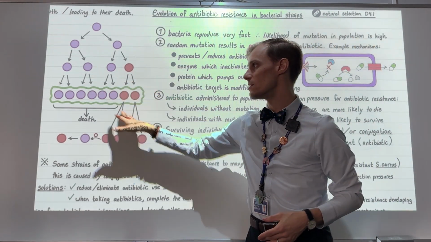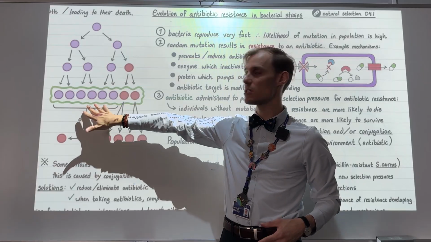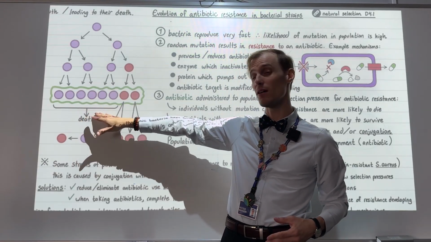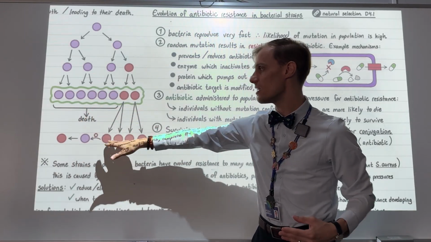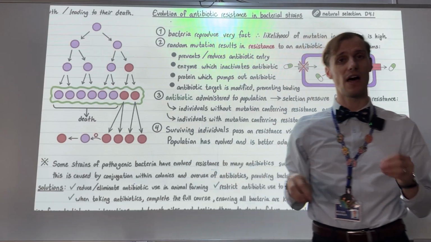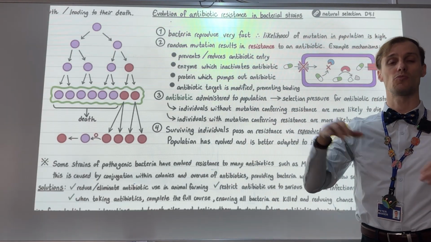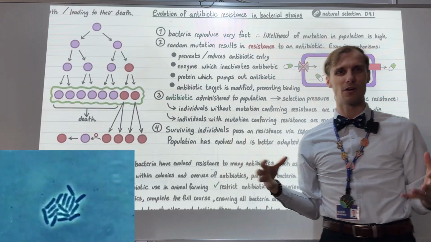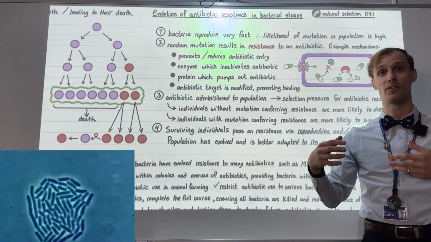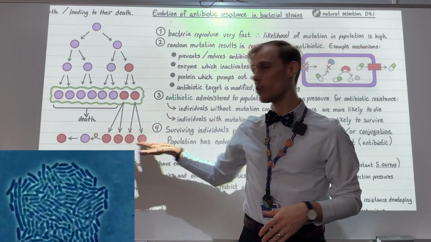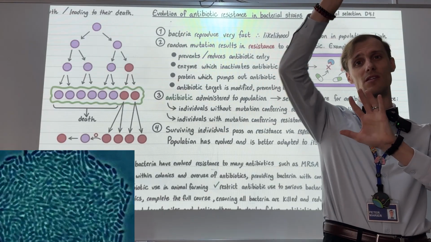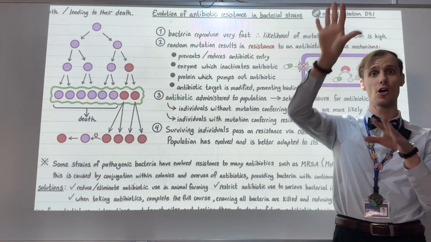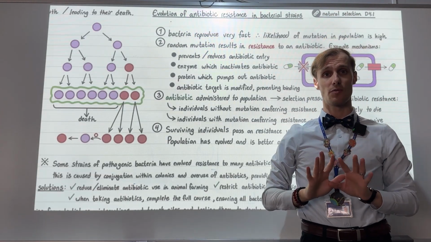So what that means is that while most of the population has potentially been killed by the antibiotic, these individuals with resistance survived. And those individuals will then reproduce via binary fission. And recall that binary fission is making clones of an individual. So that means all of the offspring of that mutated individual with antibiotic resistance also have antibiotic resistance.